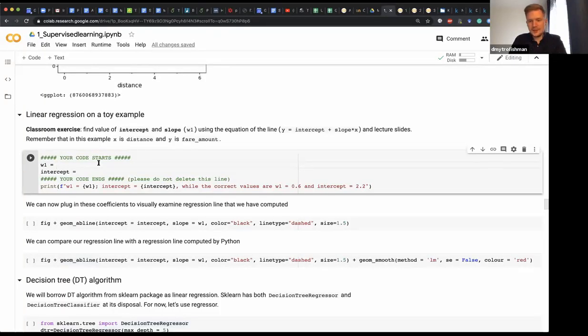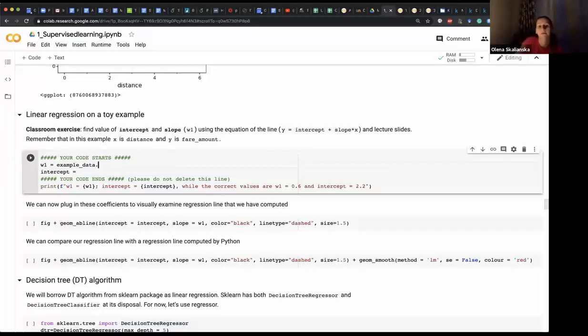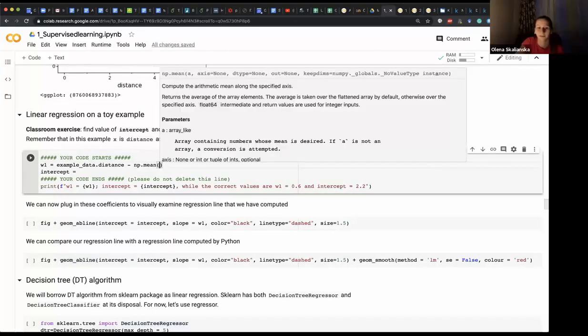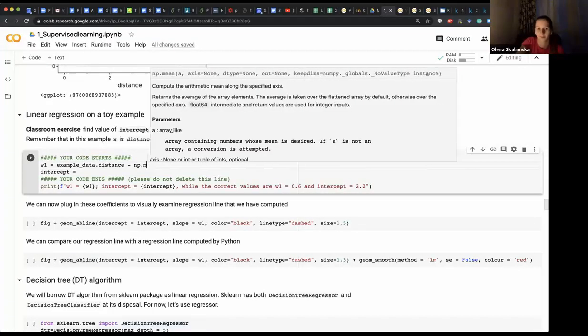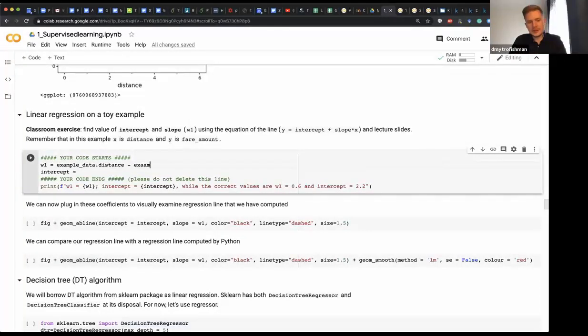Okay, let us maybe slowly start. Lena, can you help me with typing it? So what should be there in W1? We need to compute our x. So it's example data dot distance minus numpy dot mean of the same example data dot distance. You can use numpy.mean, or you can also use dot mean in pandas.